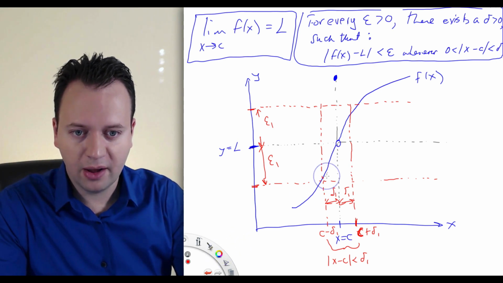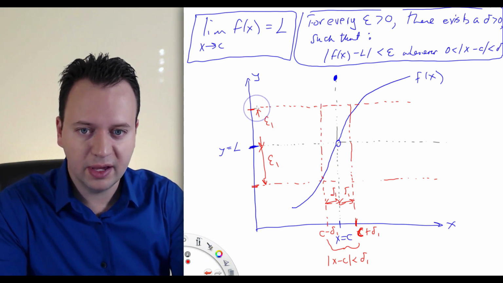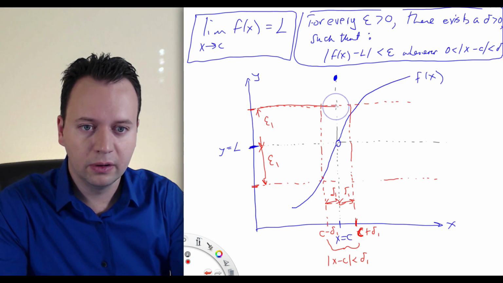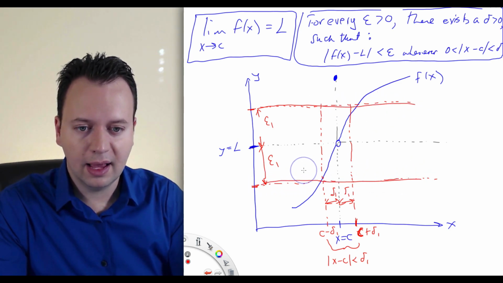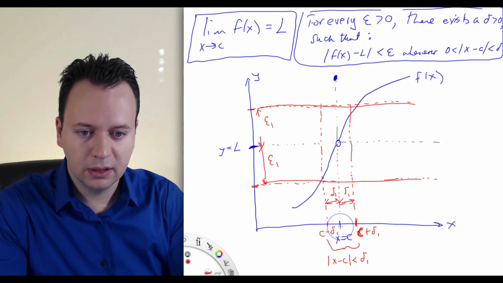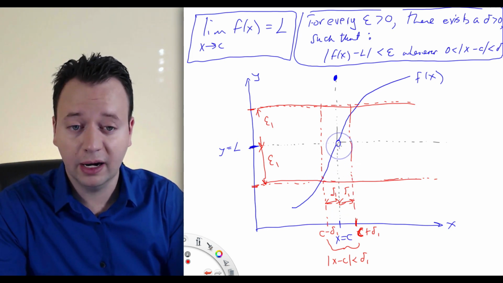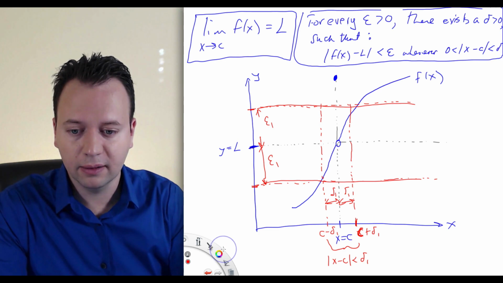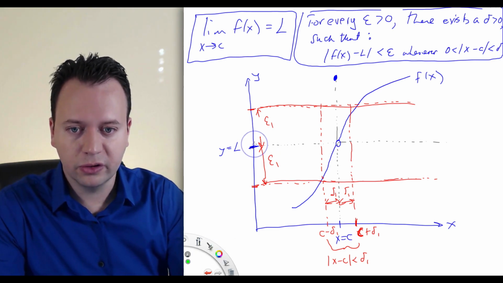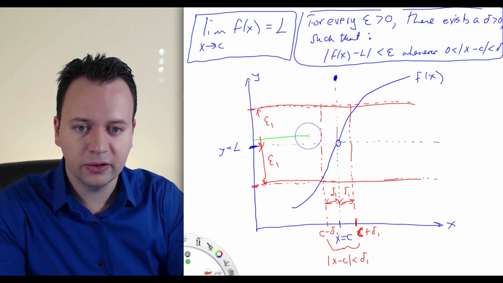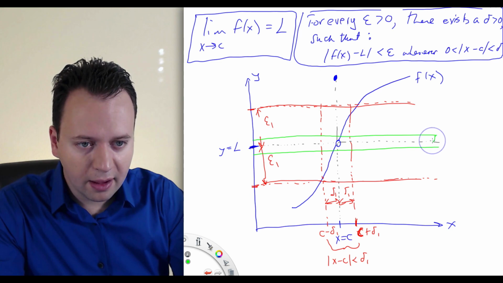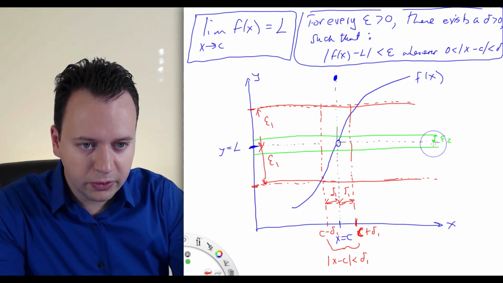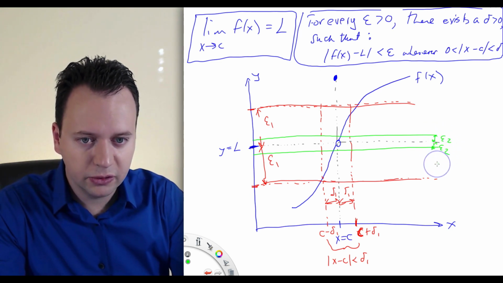So whatever your y values are, you're guaranteed to be in this epsilon 1 tube. And you can see that as long as you're at least this close to x equals c, your outputs are guaranteed to be that close to L. And you can do this with a smaller value as well. So if you pick any size tube, so here we have epsilon 2, and then that half is epsilon 2 as well.